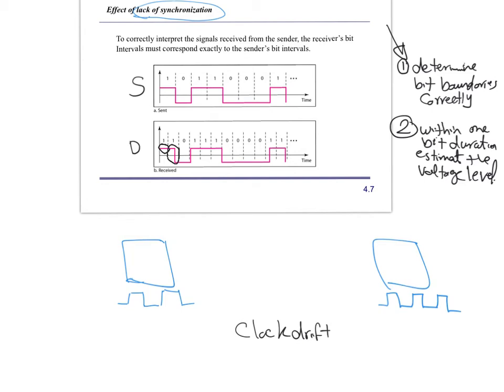What is the bit here? I really don't know. I have some high voltage and some low voltage. So what is this bit? I don't know.